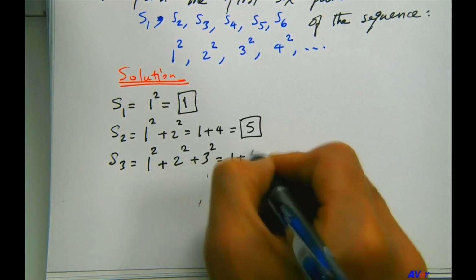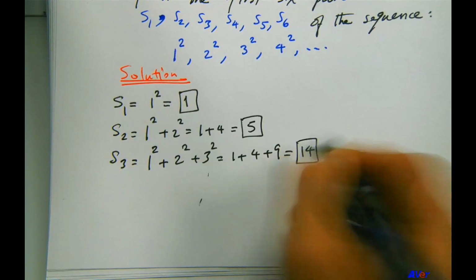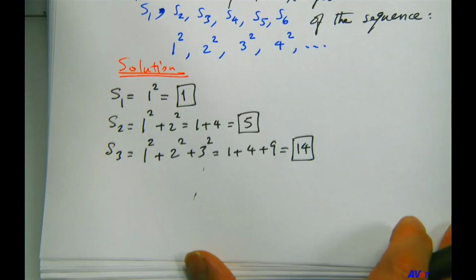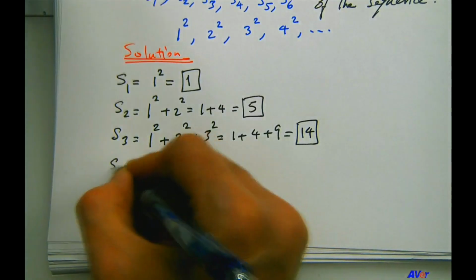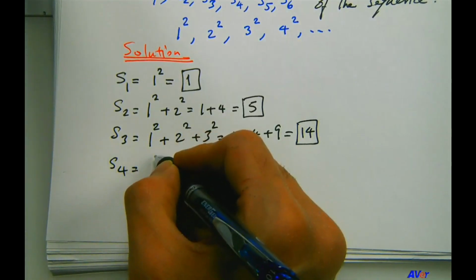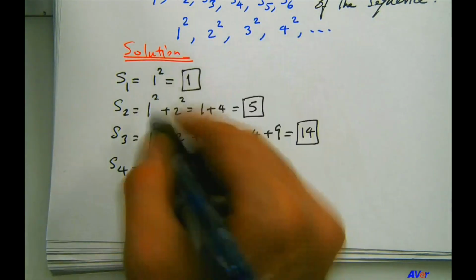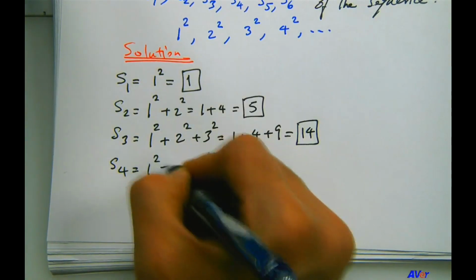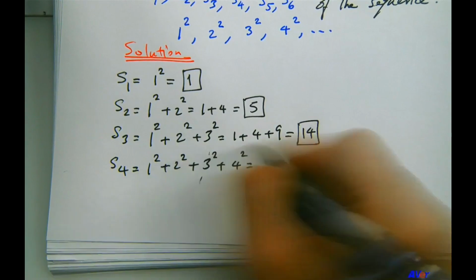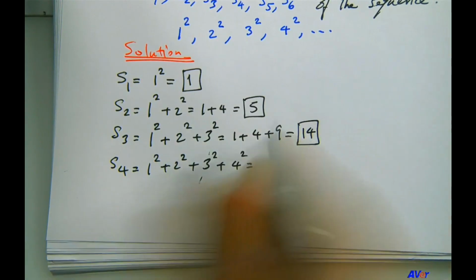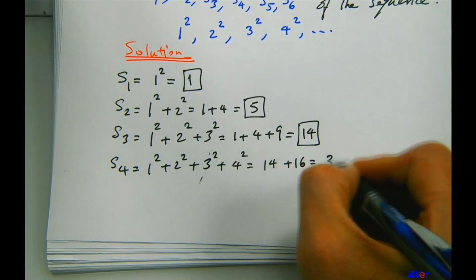So we have 1 plus 4 plus 9, or 14. Okay, and S4 is adding those, so then we have 1 squared plus 2 squared plus 3 squared plus 4 squared. So we have 14, which is all the way to here, 14 plus 16, or 30, right? Like that.